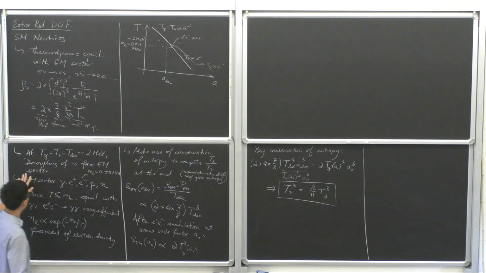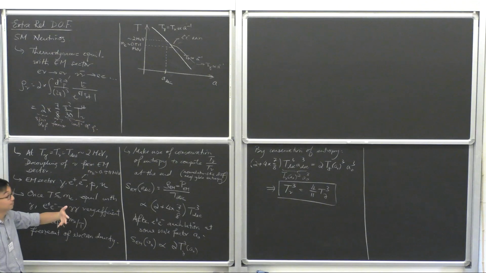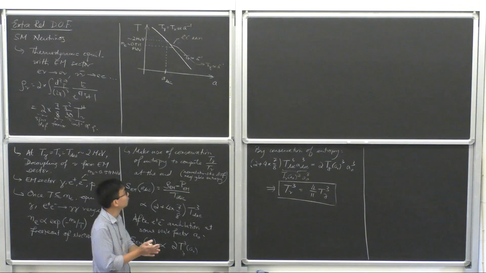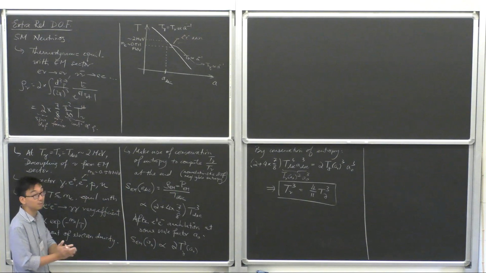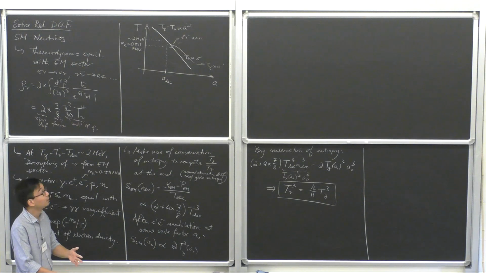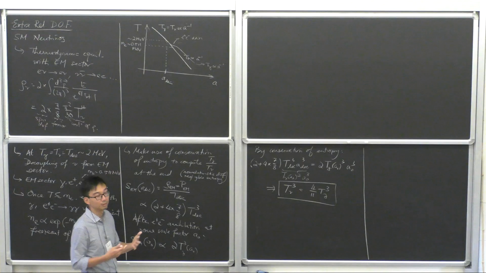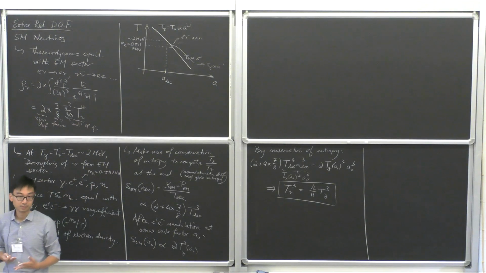All of these reactions that I wrote down up there don't just suddenly shut off when they become unimportant. They're still active for a while. And second, decoupling occurs at somewhere around 2 MeV. The mass of the electron is 0.5 MeV, so it's not really that far away. And so it isn't true that e plus e minus annihilation starts entirely after the decoupling of the neutrinos. When decoupling is happening, some of the electrons are already going a little bit non-relativistic.